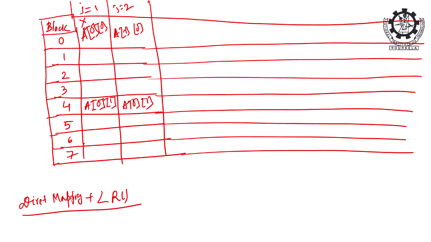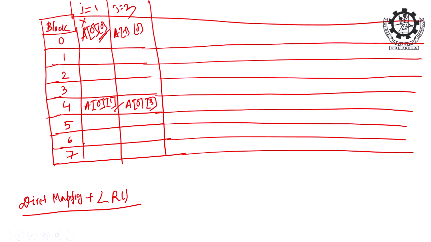Now, if J is incremented by 1, then this will go away, again it is by 4. So, you keep data only in this 0 block and the 4th block. So, then you will have A03.